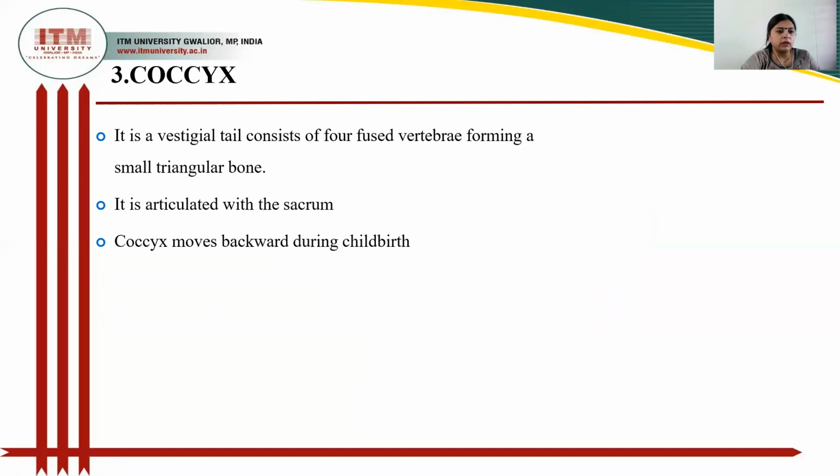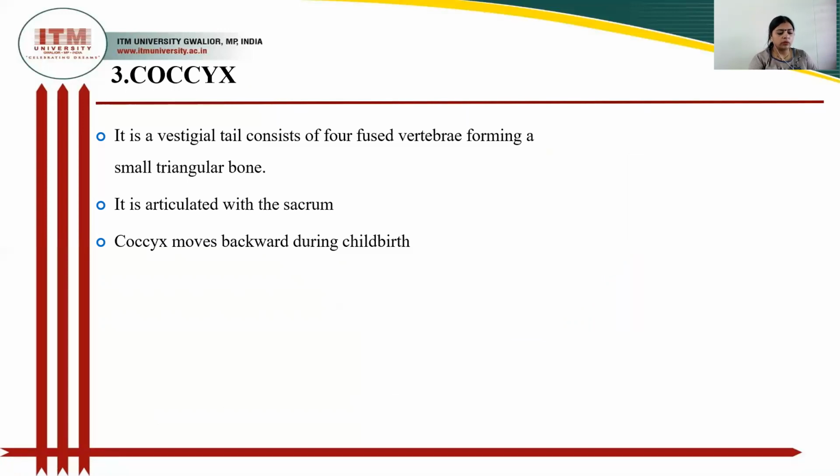The next part is the coccyx. What is the coccyx? It is a vestigial tail, consisting of 4 fused vertebrae forming a small triangular bone.